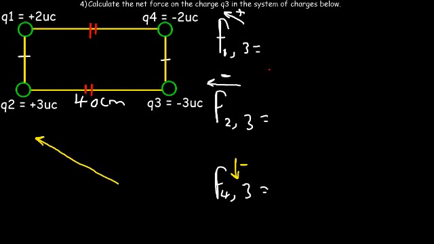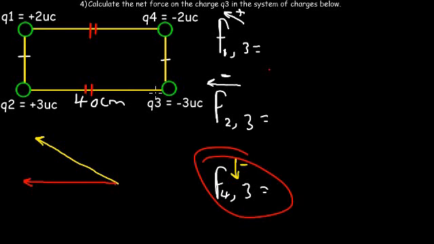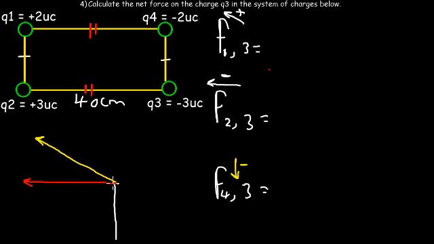Okay. So I'm going to have it this way. Then the last one, F sub 4, 3. So that one is directed this way. I'm going to have it this way. Okay. So those are the vectors. Those are the forces that we are having.